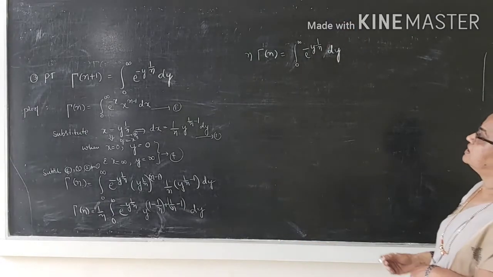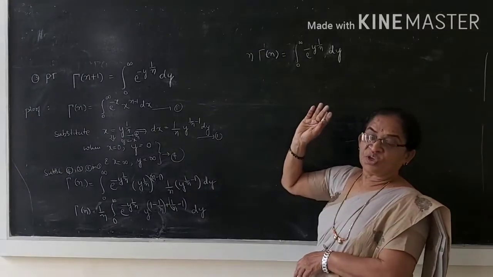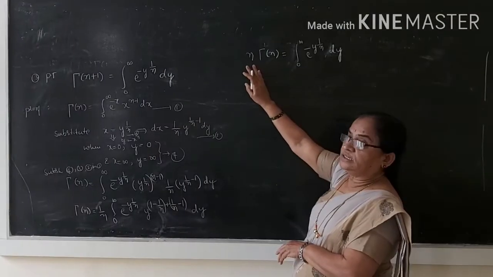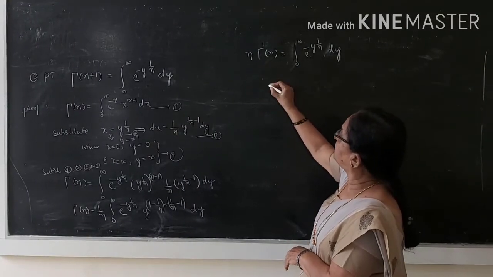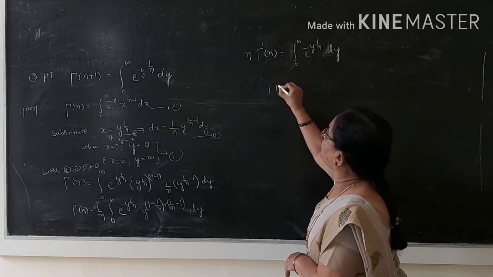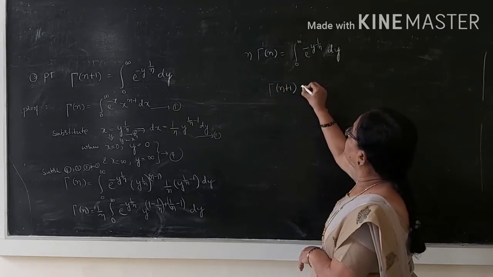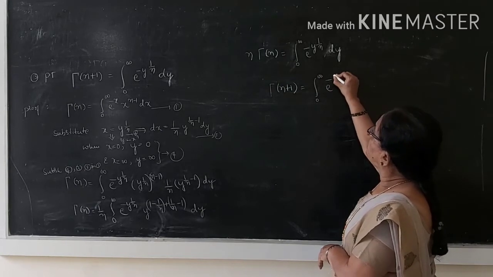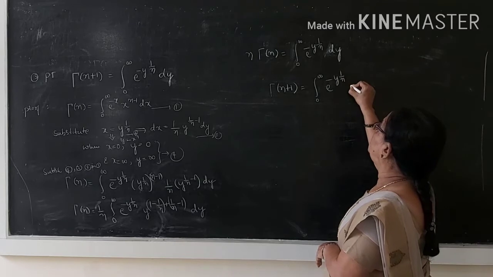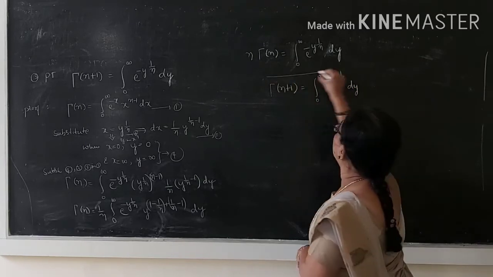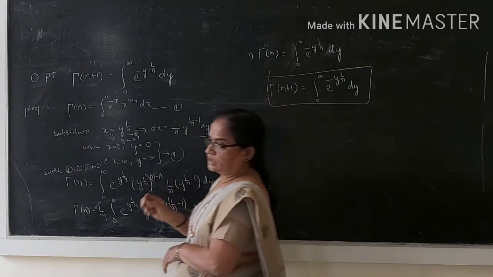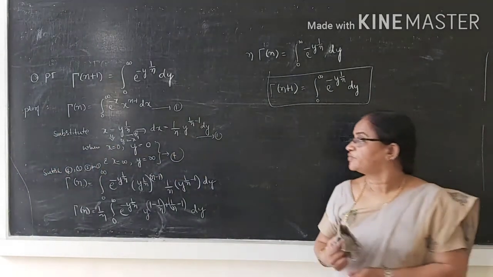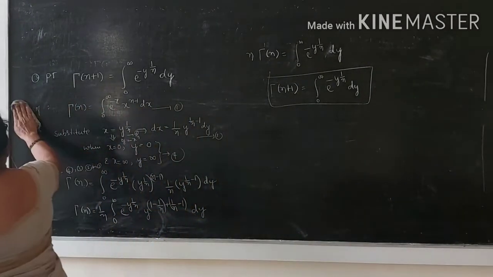What is n gamma n? Already in the last classes we proved that gamma of n plus 1 is equal to n gamma n. Therefore, I write this as gamma of n plus 1 is equal to the integral from 0 to infinity of e to the power of minus y whole to the power of n into dy. Hence the result. Now, I want to prove one more result.